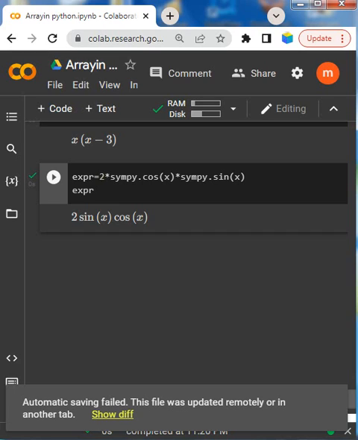If you write sympy.powsimp, it attempts to simplify an expression using the laws of powers. Sympy.combsimp means simplify combinatorial expressions, and if you write sympy.ratsimp, it simplifies an expression by writing a common denominator.